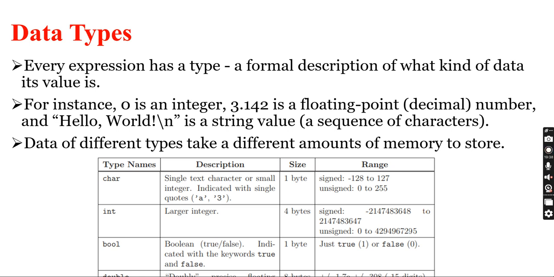There are various data types in C++. Some of the common data types are character, integer, boolean, and double. These are the few data types which will be the main focus of our course. But this is most of the data types you are gonna use.